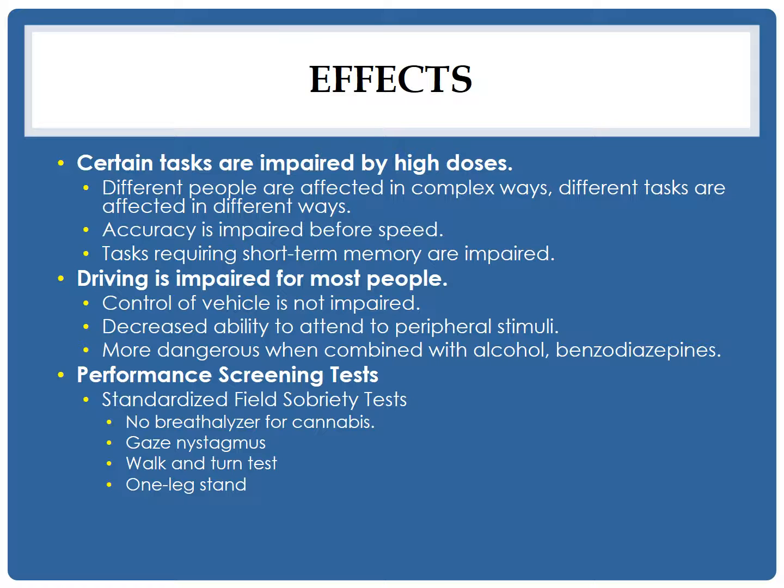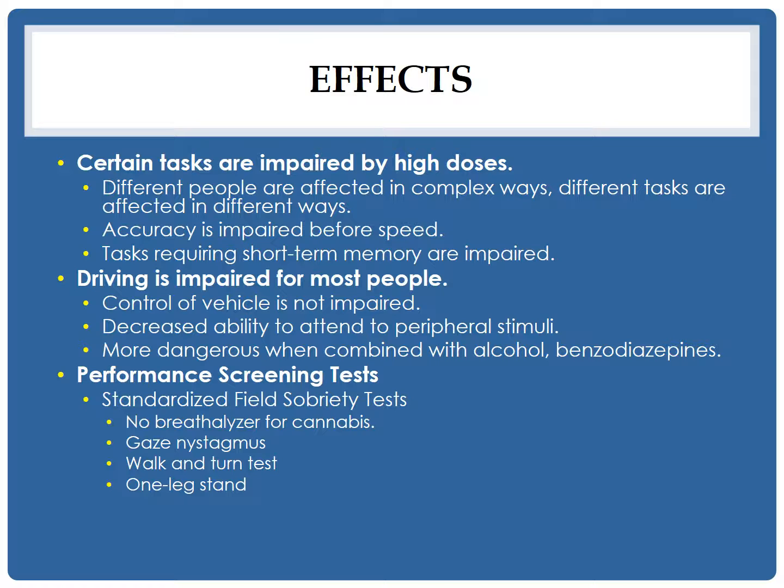For example, tasks requiring speed and accuracy will be impaired before speed will be. You'll still be able to do something quickly, but it might not be done right. Memory is impaired, so performance will suffer on tasks requiring memory. With driving, there's impaired performance for most people. Not necessarily a loss of control, but a loss of ability to attend to peripheral stimuli.